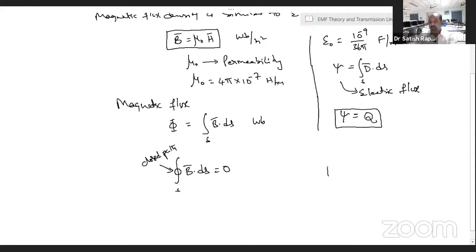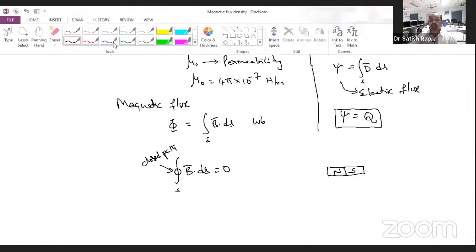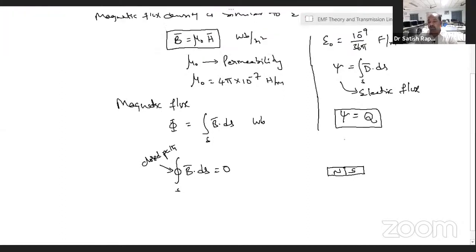For example, if we consider a magnet which has a north pole and a south pole, and draw the flux lines, we can draw the flux lines like this. The flux lines flow from north pole to south pole; they leave at the north pole and enter at the south pole.